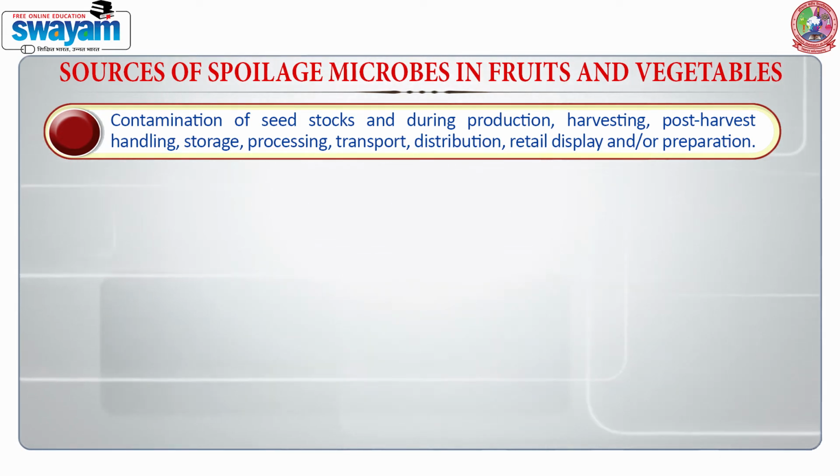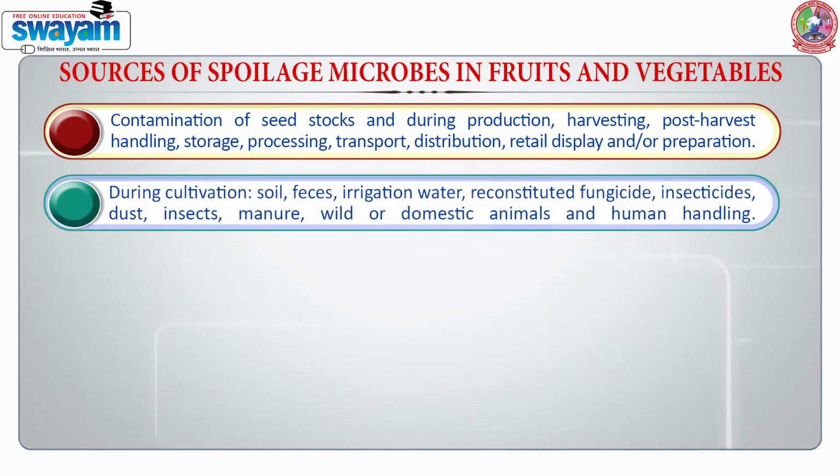So, the spoilage organisms can gain access into the fruits and vegetables during different stages of the growth, distribution, marketing, preparation, etc.